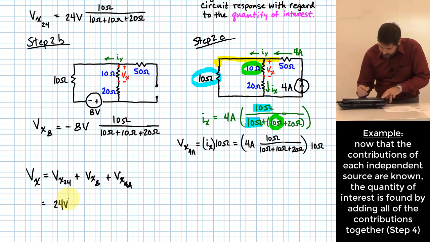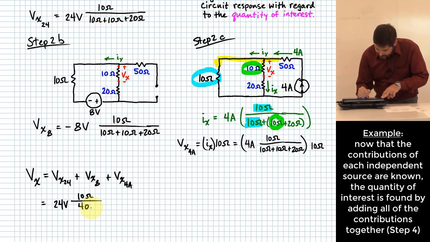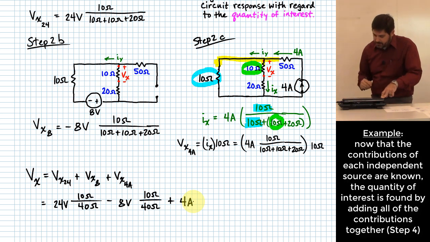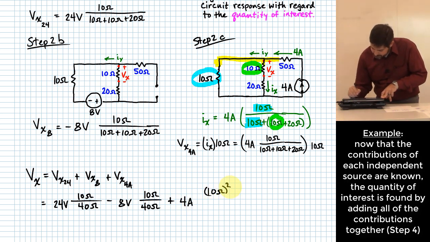24 volts times 10 ohms over, I'll collapse that, I don't need to keep it like that, I'll collapse that down into 40 ohms, right? Plus what? Well, minus, I'll say, minus 8 volts times what? 10 ohms over 40 ohms, plus 4 amps times what? 10 ohms squared over 40 ohms.